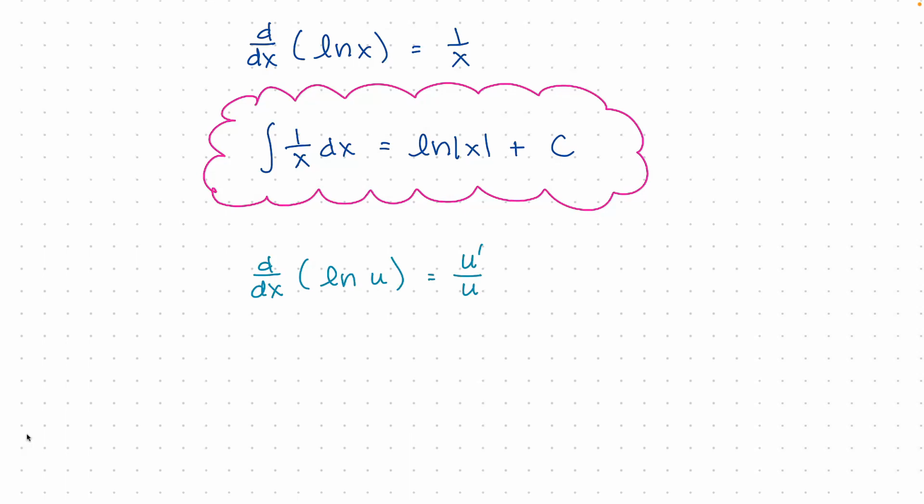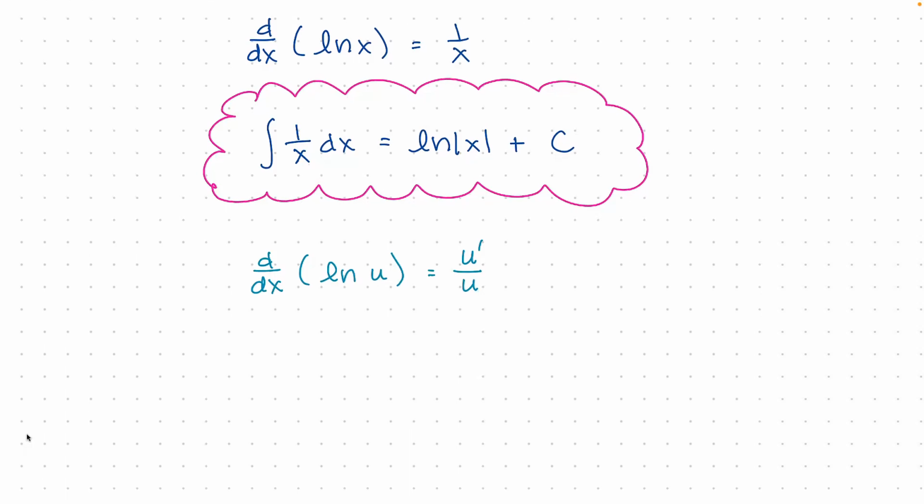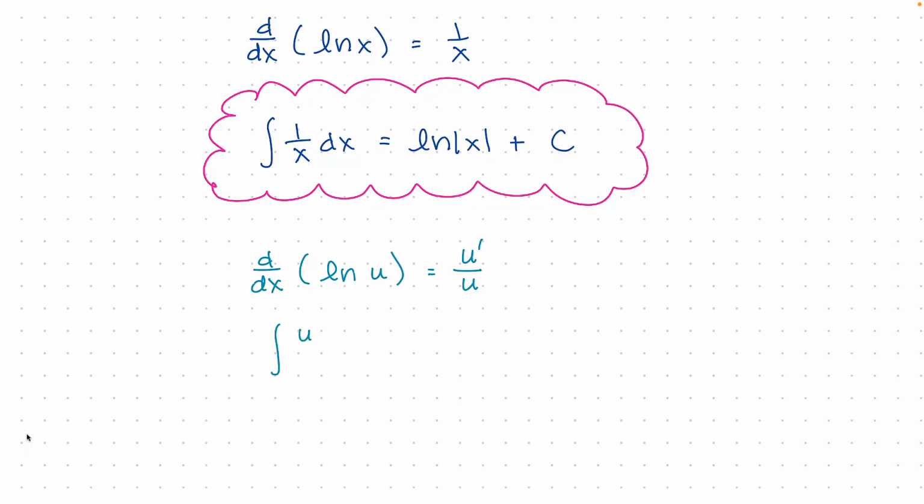We wrote it u prime over u. So we also have this that we can turn into an integral. The integral of u prime over u dx is the natural log of u plus c.